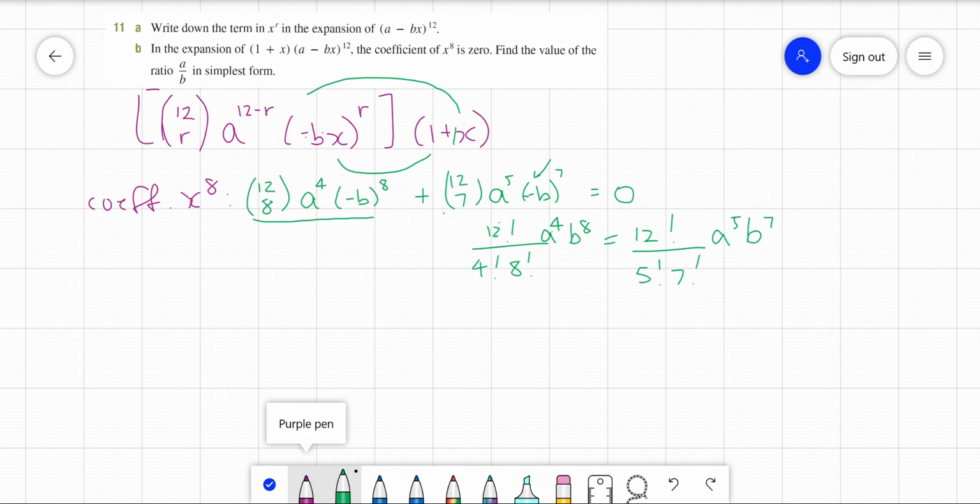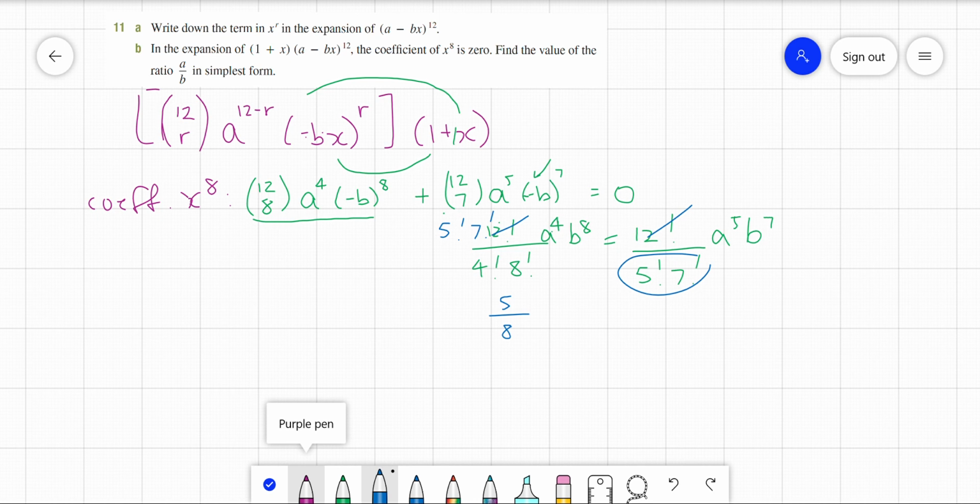Now, if we look at that already, they both share 12 factorial, so we could divide both sides by 12 factorial. And then I could put my 5 factorial on the top, so I'll just multiply these both across for a second, 5 factorial and 7 factorial, and you can see 5 factorial is 5 times 4 factorial, so there's only going to be a 5 left there, and then 7 factorial on 8 factorial, there's only going to be an 8 left there if we simplify that.